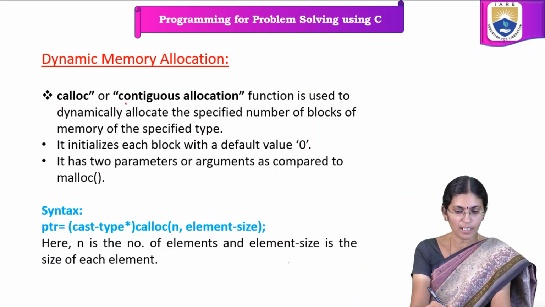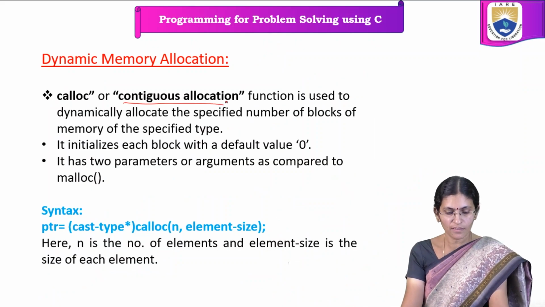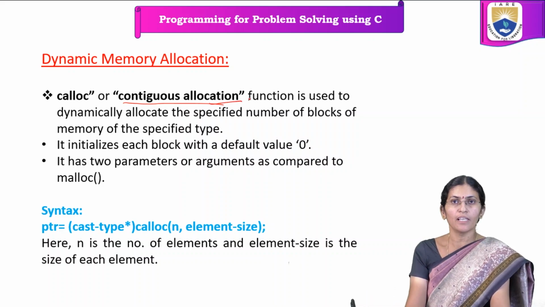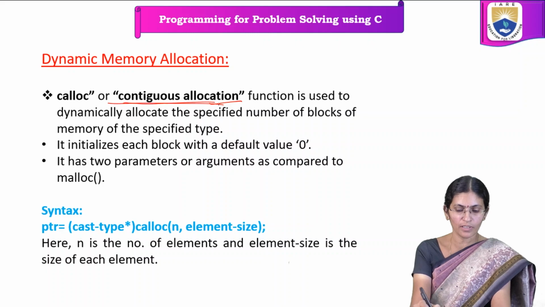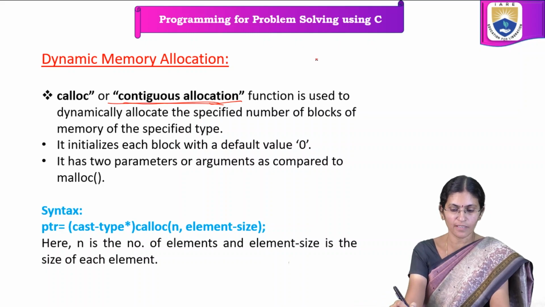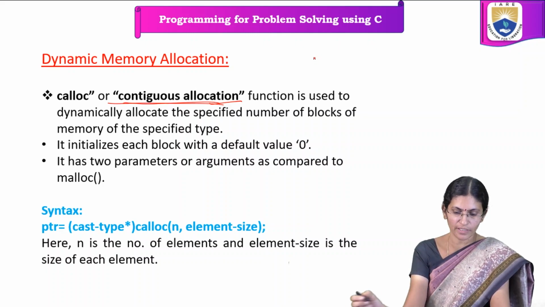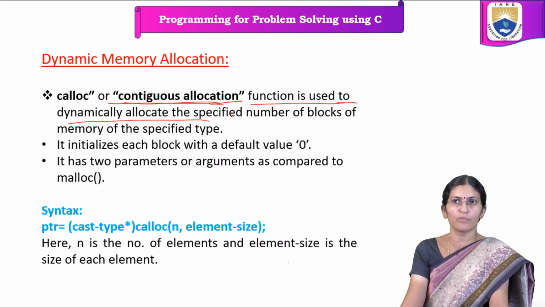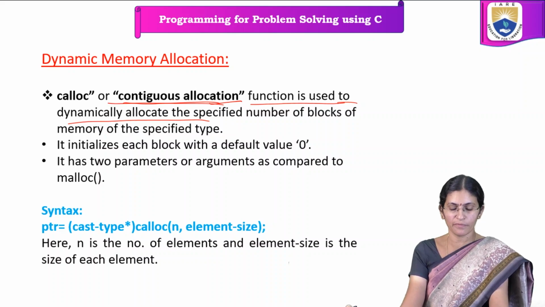The next one is the calloc function. Calloc is contiguous allocation. Calloc stands for contiguous allocation, or in some textbooks it is also written as clear allocation. This function is used to dynamically allocate the specified number of blocks of memory of a specified type.